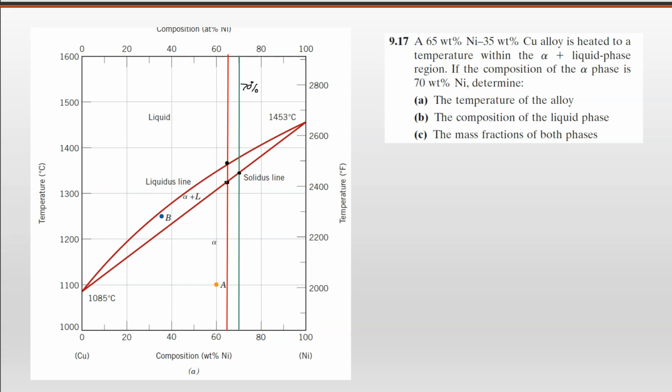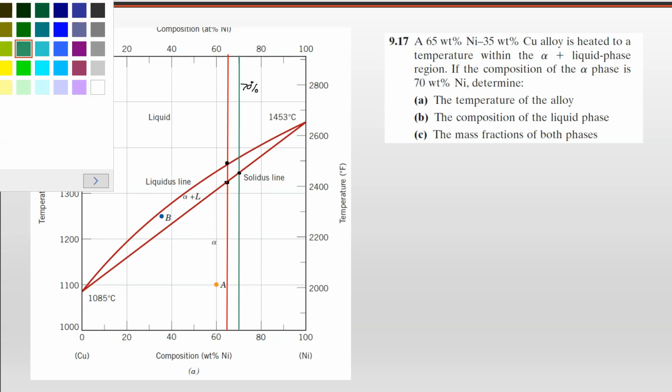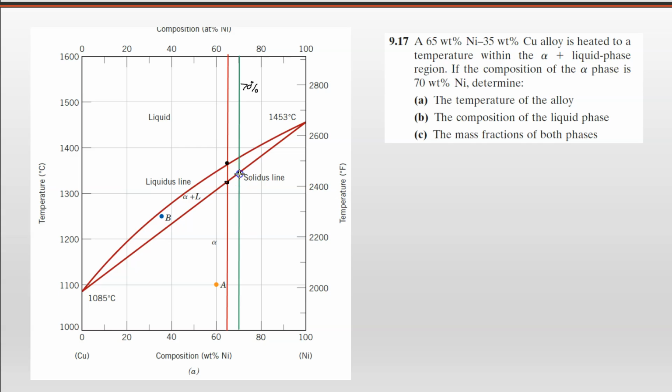And so what we want to do, we can read off the temperature by drawing a horizontal line, and I'll choose blue for that. Let's draw a horizontal line right here, and we can roughly see the temperature here.